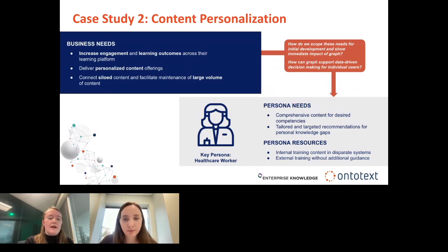And so this organization came to us, and in this conversation of what challenges are you facing and how does that lead us to this case study, this project that we're going to describe, we discovered they had really a lot of siloed content and a large volume of it.